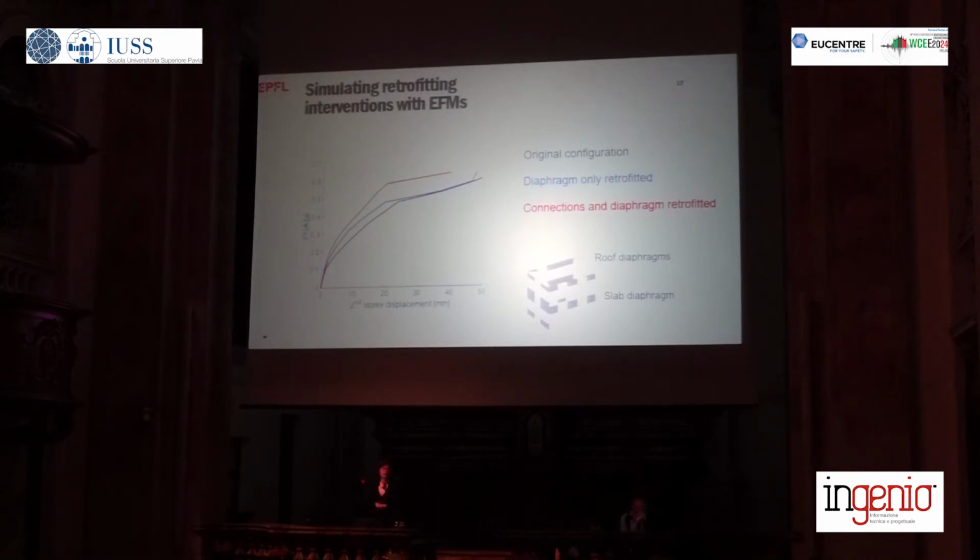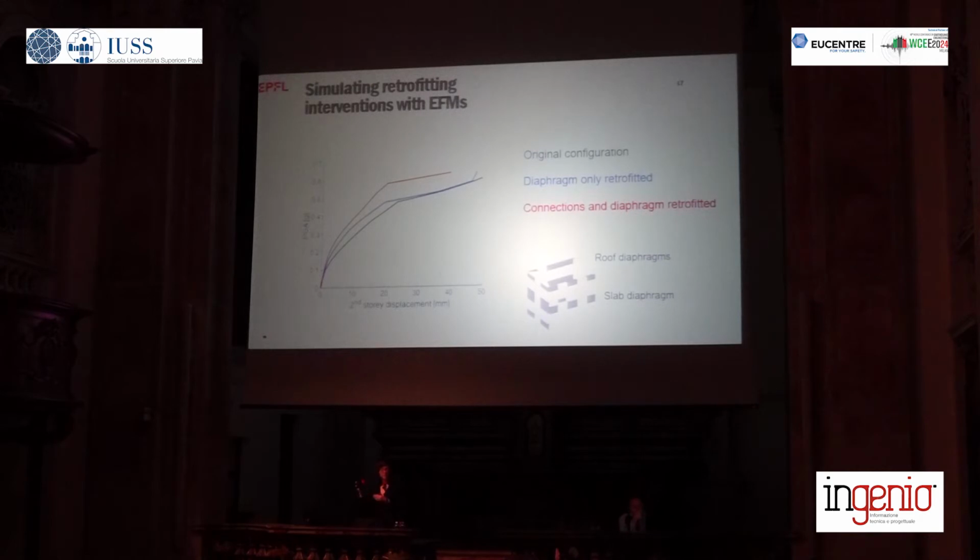In blue you see the result if we just retrofit the diaphragm, so we make the diaphragm stiffer with an additional layer of planks. What you can see is that this increase in diaphragm stiffness has an effect, but only up to a certain limit PGA. Beyond that, there's basically no effect of stiffening the diaphragm only.